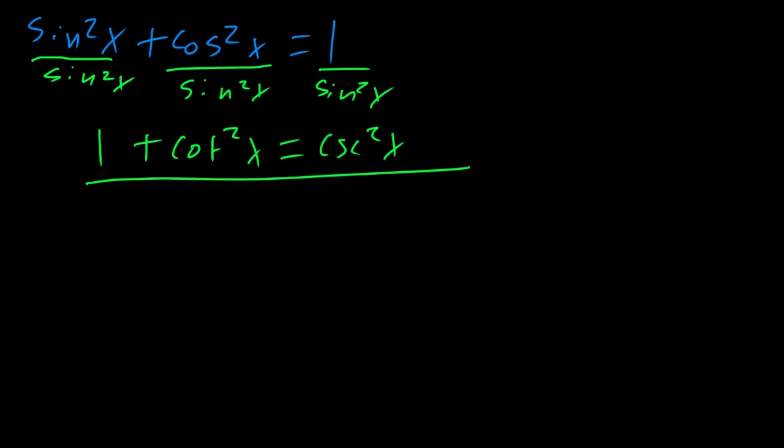We can derive the third Pythagorean identity similarly. So instead of dividing the first Pythagorean identity by sine squared of x, I'm going to divide by cosine squared of x.